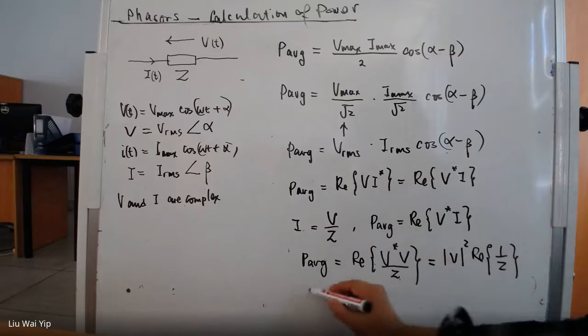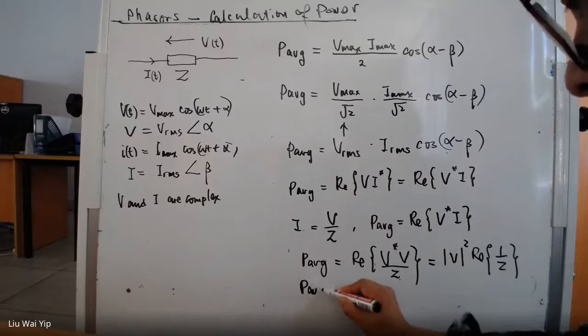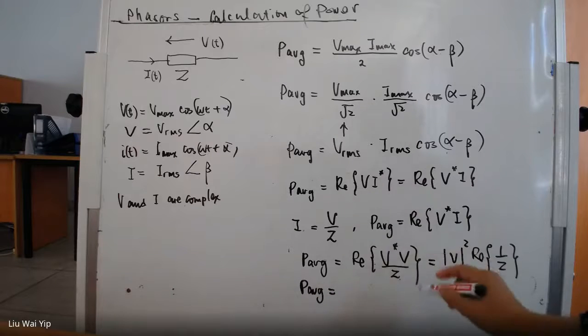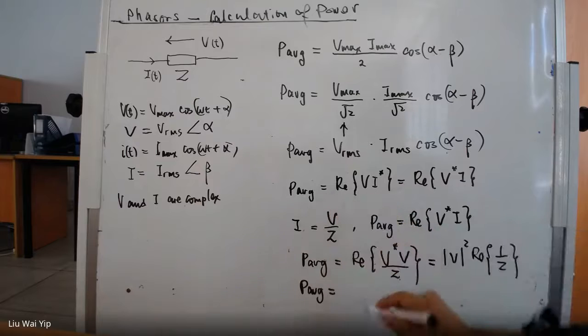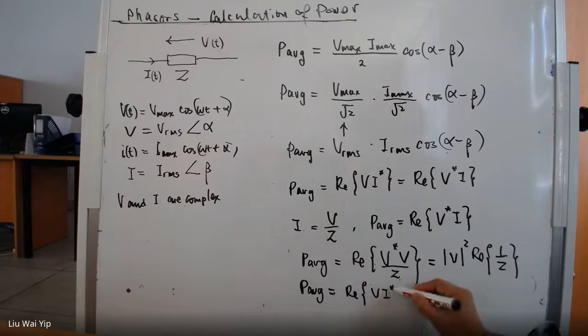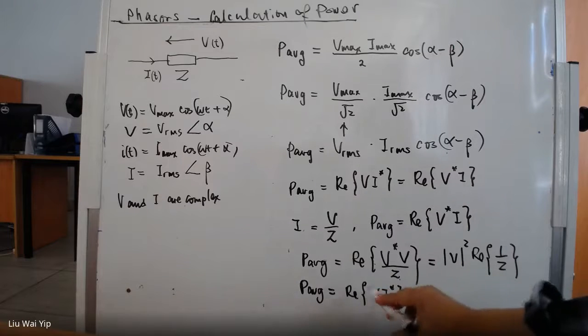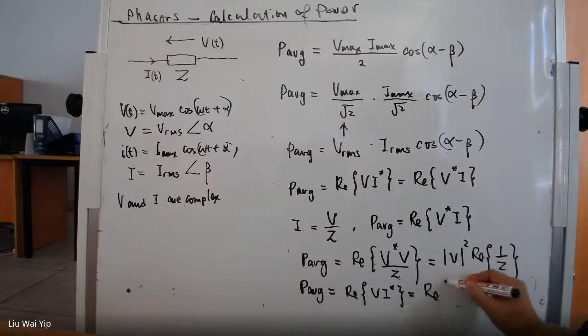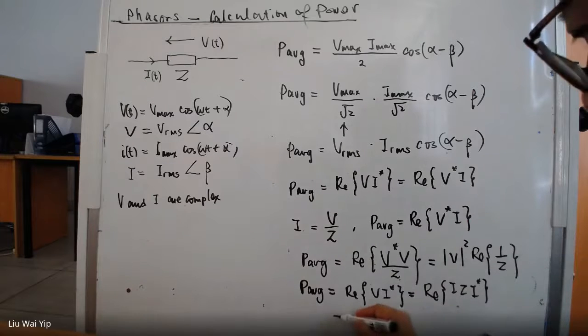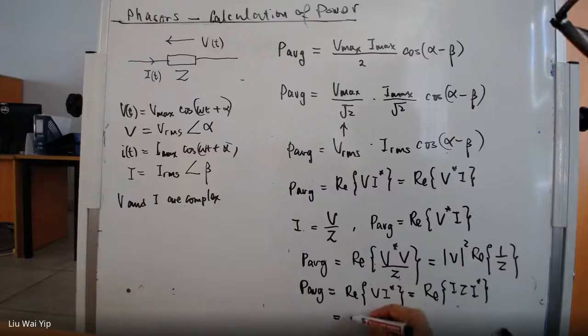And equally, we can also do this. We can use this half V times I, and the V here is actually I times Z. By the same token, we can also get the same value.